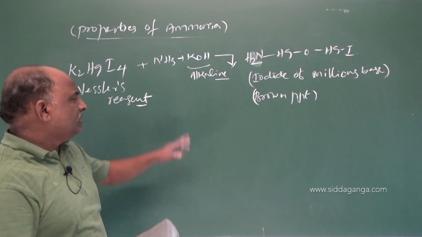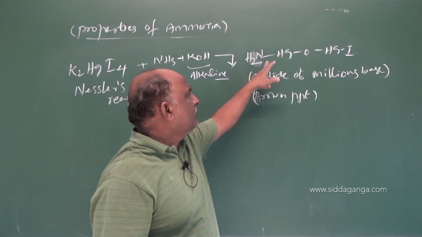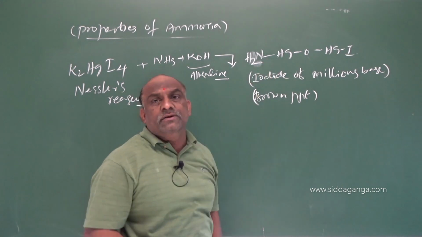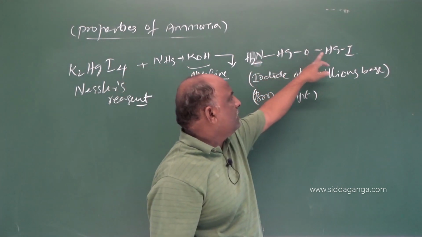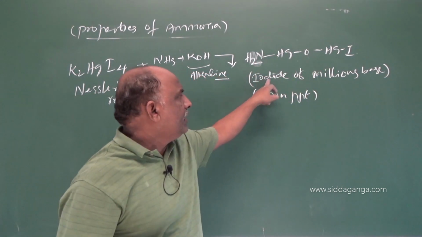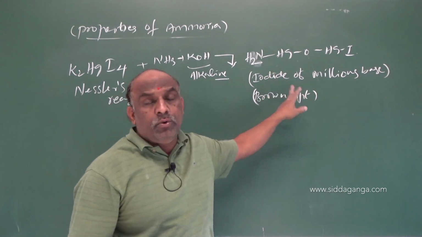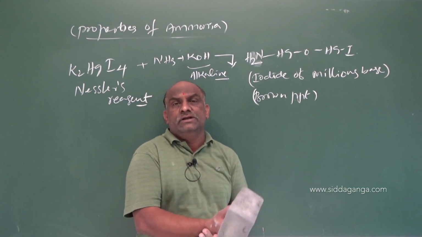So you should practice. There is no particular technique to find it; revise this reaction, then once you practice, you will remember. NH2HgOHgI is called the iodide of Millon's base, which appears as a brown color precipitation. So this is a confirmatory test for ammonium salts.